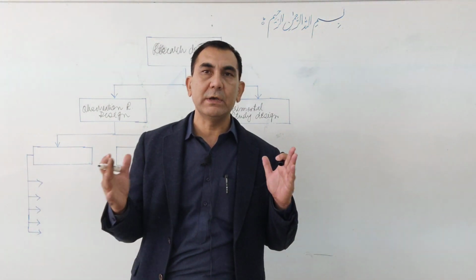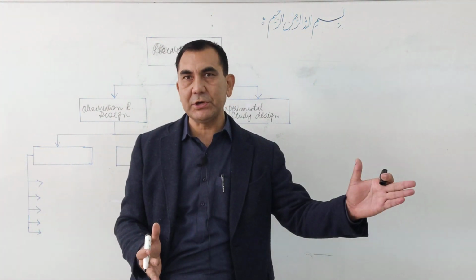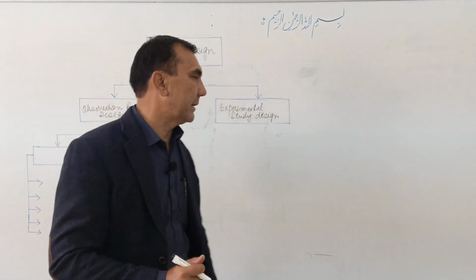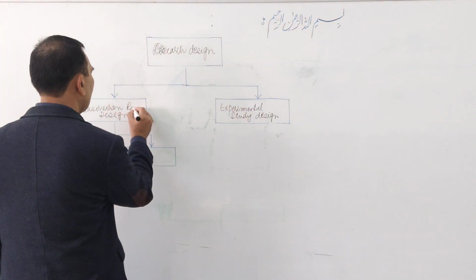The one group is called the observational study design, and the second one is called the experimental study design. Once again, we divide the research study design into these two main groups.